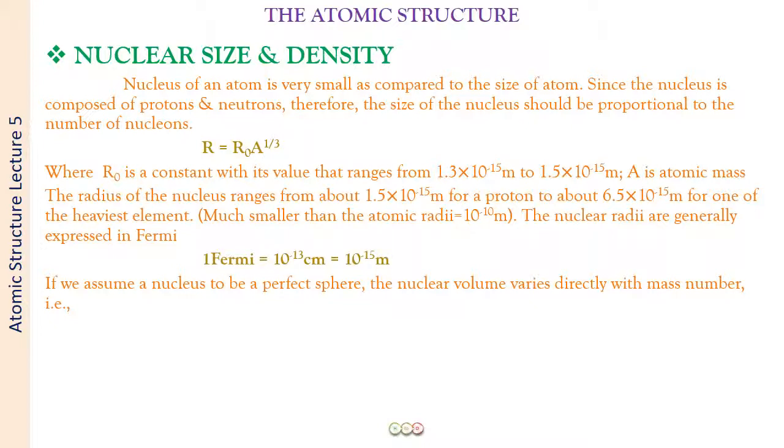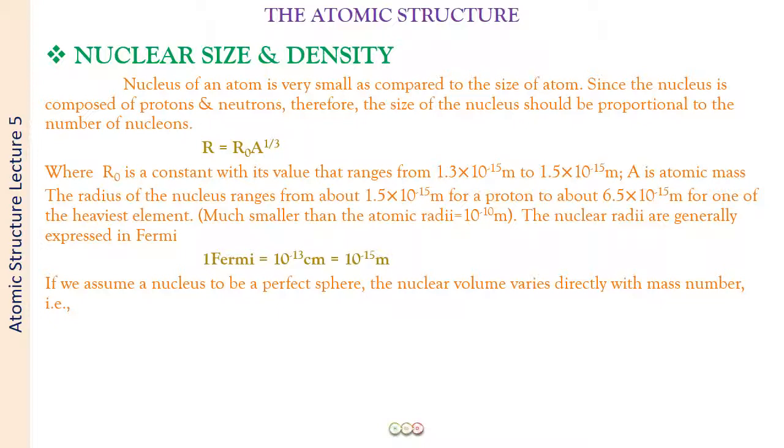Now if we assume the nucleus to be a perfect sphere, the nuclear volume is also going to vary directly with mass, because we know that radius and volume are directly proportional to each other, the volume being 4 by 3 pi r cube.